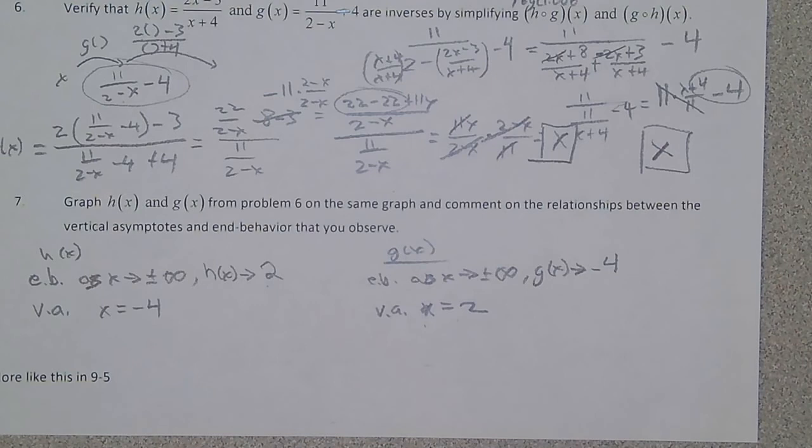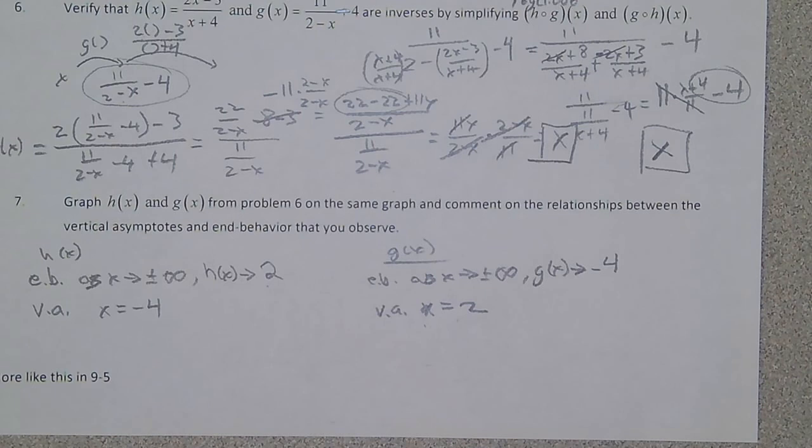Okay, I can see that the domain and range have actually switched as well. So the domain of my h of x was that x could not equal negative 4. Well, the range of the g of x was that y could not equal negative 4. And the domain of g of x was that x could not equal 2.